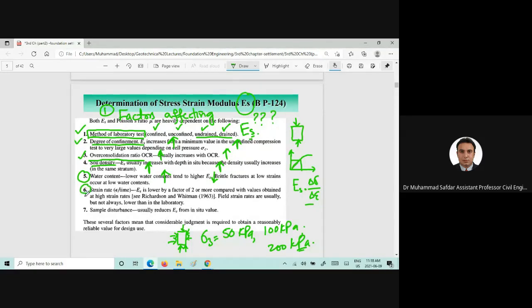If we apply a higher strain rate, which means we are shearing the specimen at a higher strain rate, then the modulus of elasticity will increase. If the disturbance of the soil specimen increases, this will decrease the modulus of elasticity.